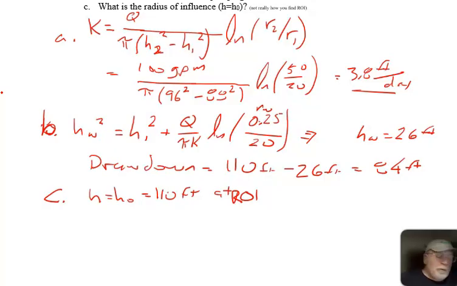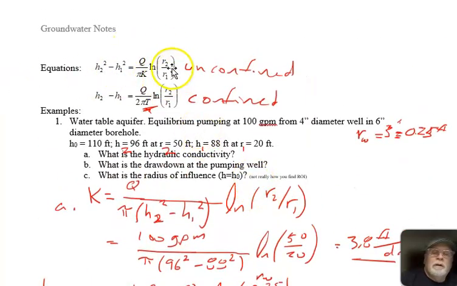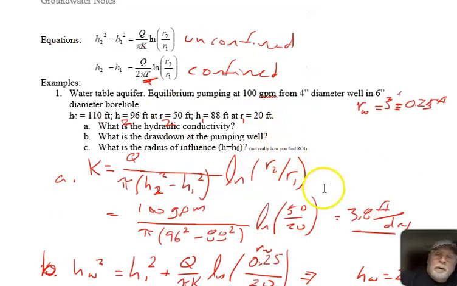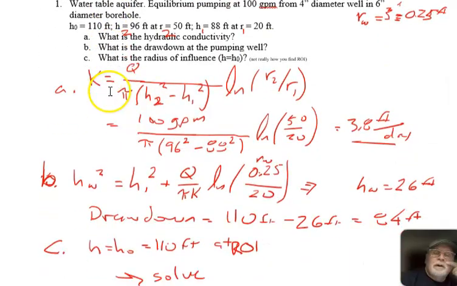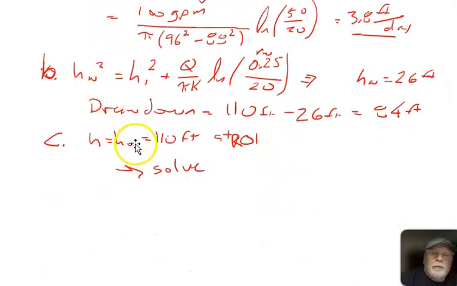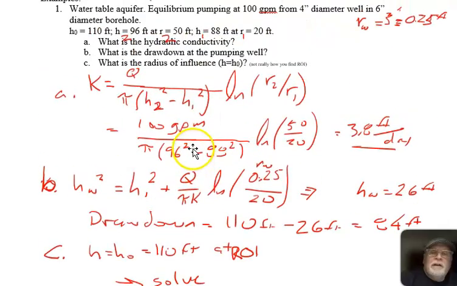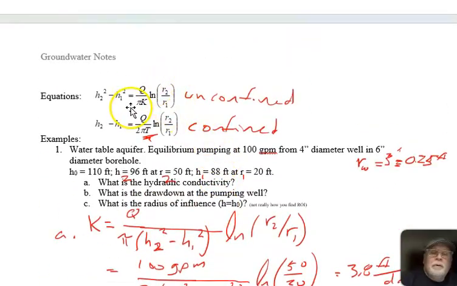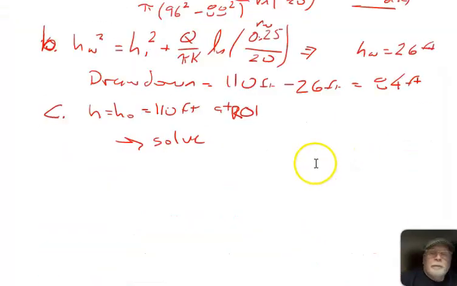So I solve this equation right here for R2, so I can have R1 be one of these 2 points, and then R2 be the radius of influence, and then I solve for the radius of influence, setting the head equal to 110 feet and using one of those other points. I don't know if you followed all that. You get the radius of influence equals 300 feet.